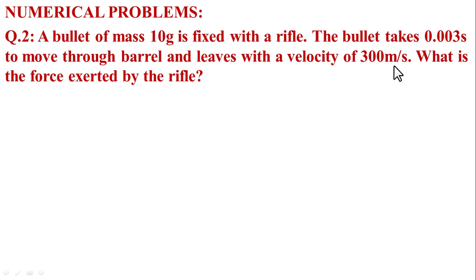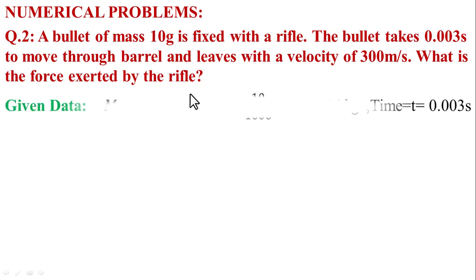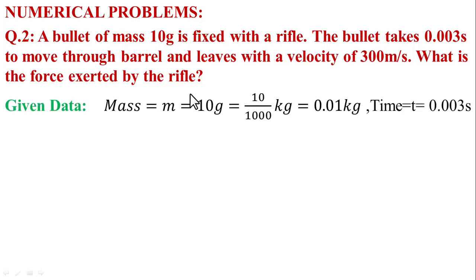What is the force exerted by the rifle? Now we can calculate the force. According to the given statement, first of all, write the given data. In the given data, mass m is equal to 10 gram.